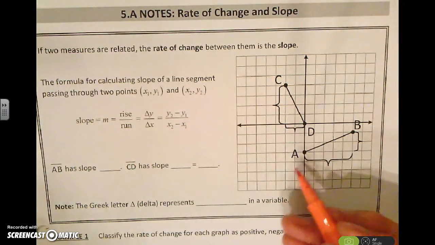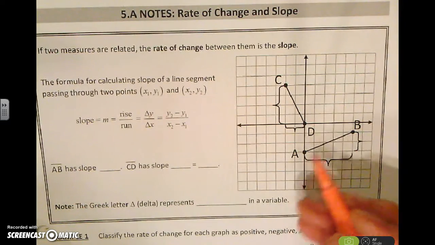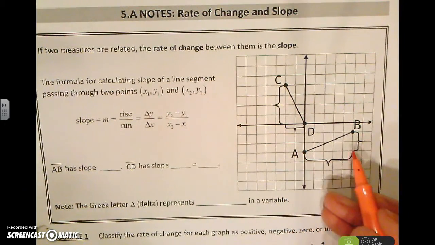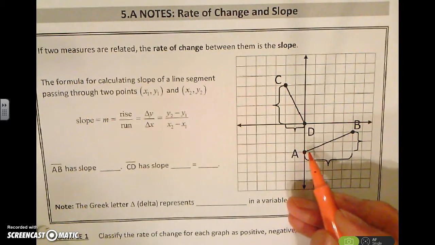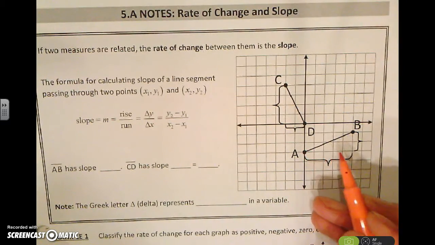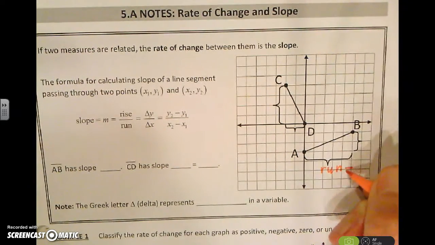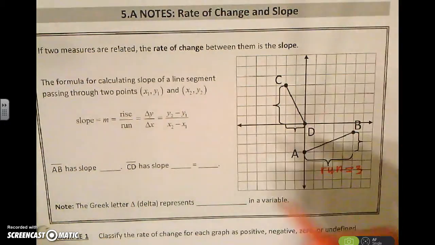If I come over here and I'm looking at this line AB, the run is going to be the change in the x values. So from A, I'm going to move right 1, 2, 3. So for this, the run is equal to 3.